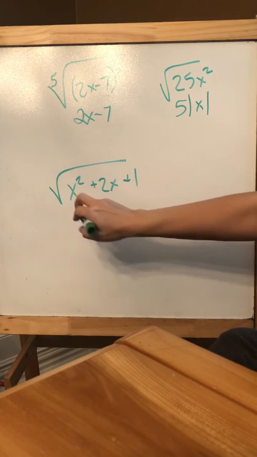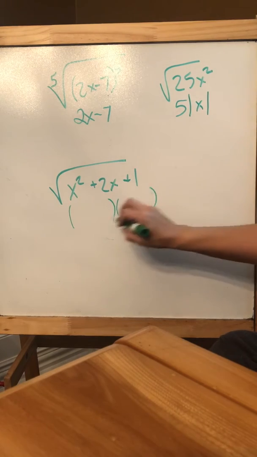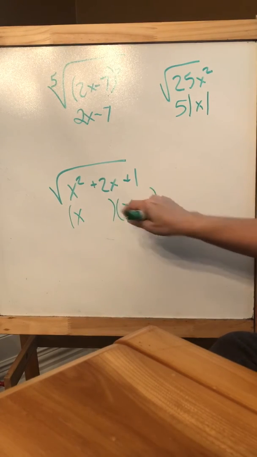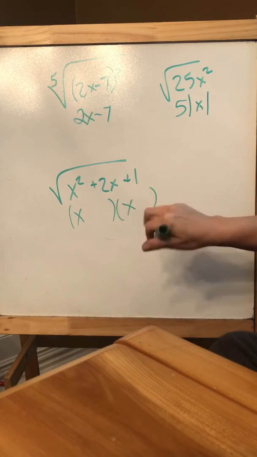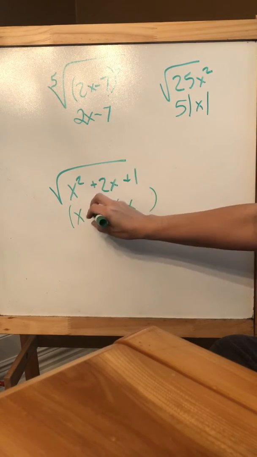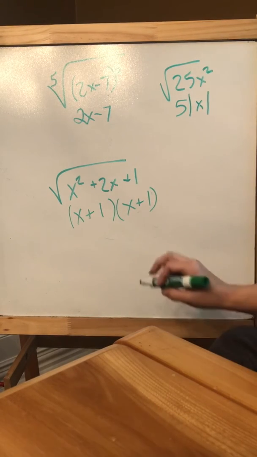Okay, on our last one here, before we do this, we have to actually factor it. Okay, so we have x, and again, factoring review, multiply to get 1, add to get 2, everything's positive. So we're going to have x plus 1. Simplify that.